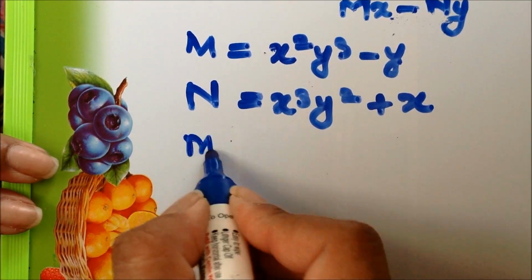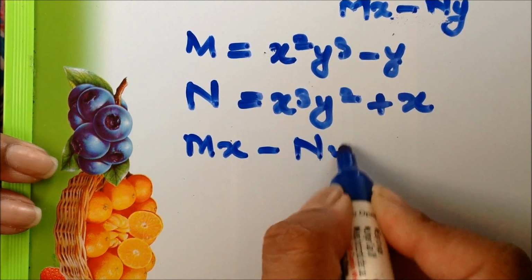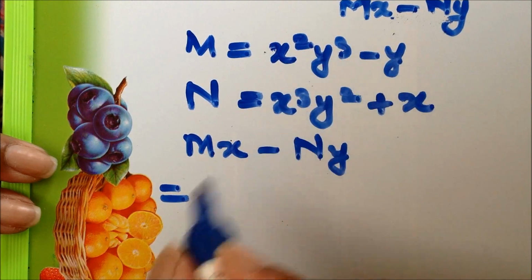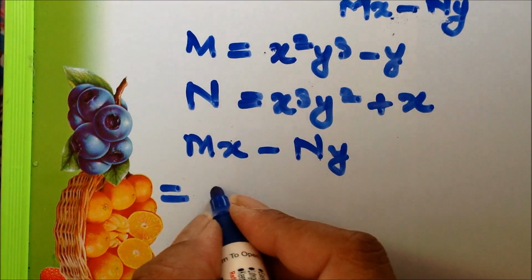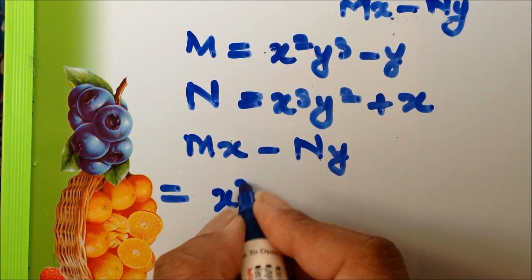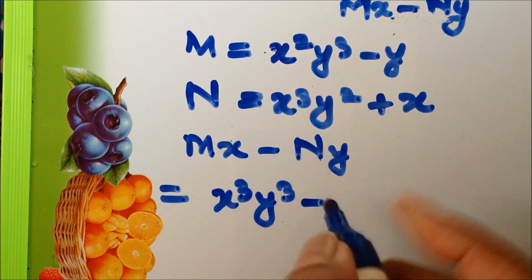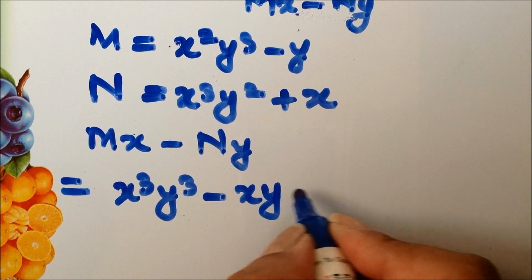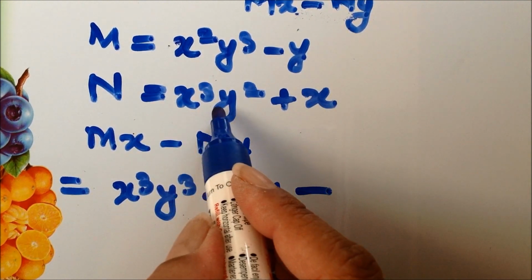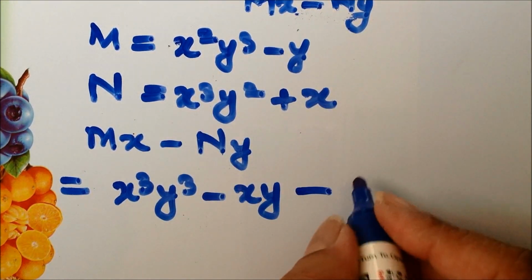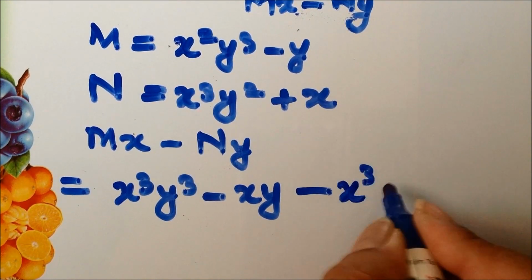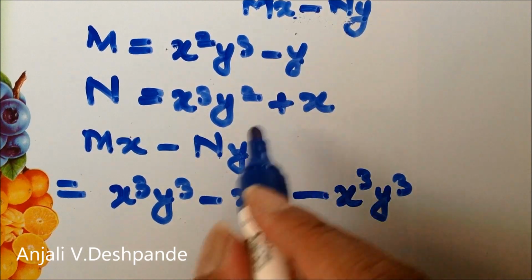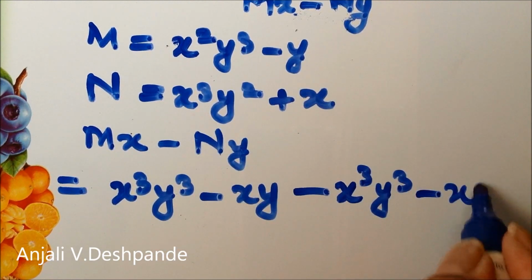Multiplying M by x gives us x cube y cube minus xy, now minus Ny, so multiplying this by y, minus x cube y cube, and minus xy.